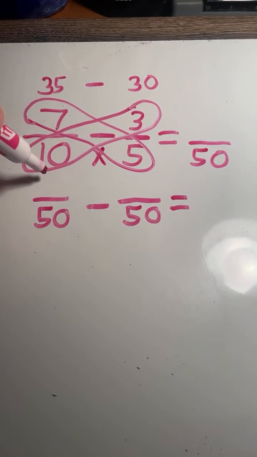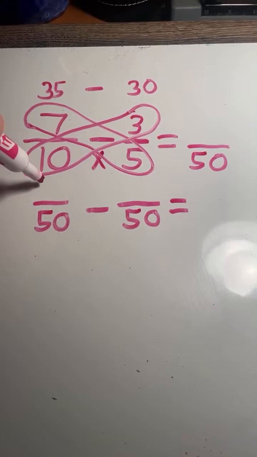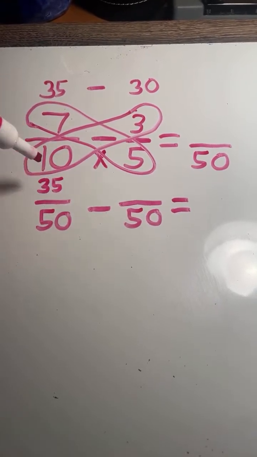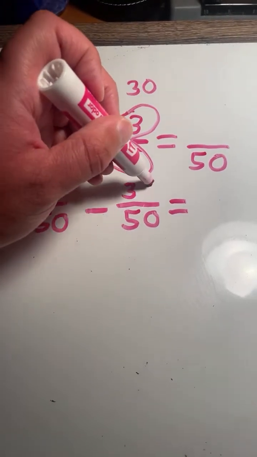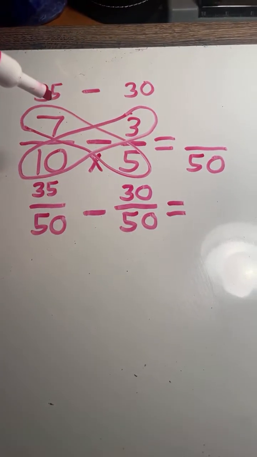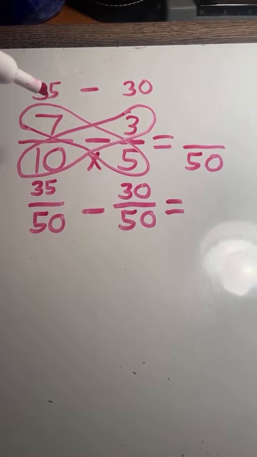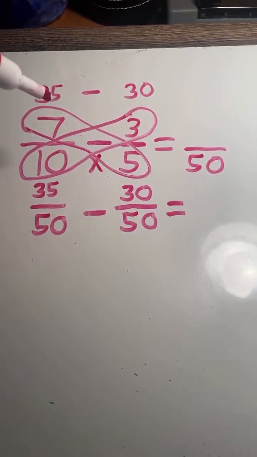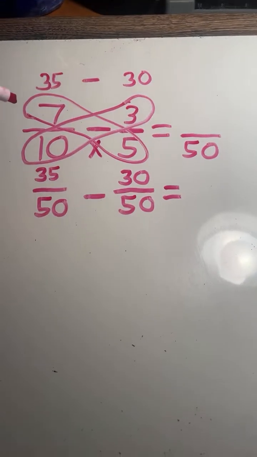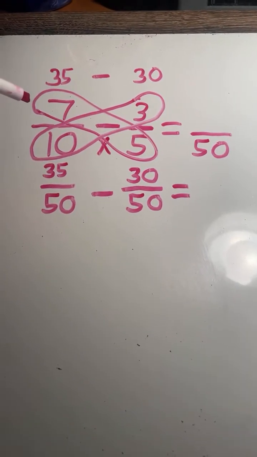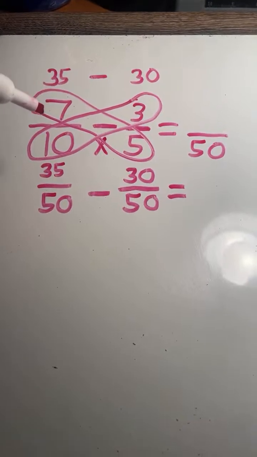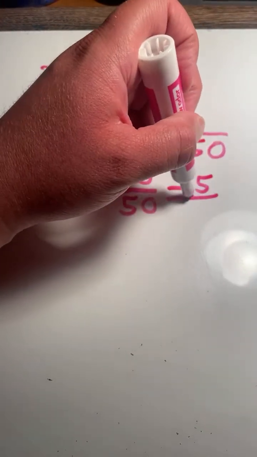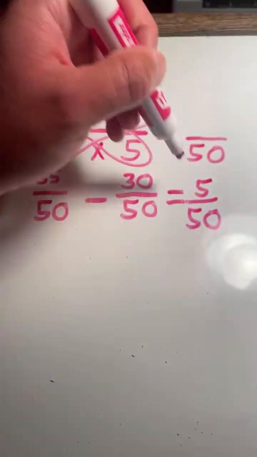So our 7 tenths has been converted to 35/50ths. Our 3/5 has been converted to 30/50ths. So now we have to subtract 35/50ths minus 30/50ths. We have our final answer.